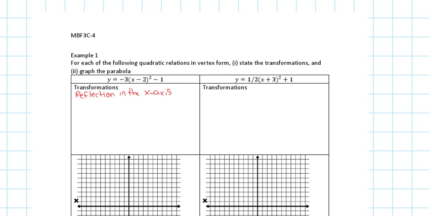Then what do I say for the 3? What does a 3 do to my graph? Vertical stretch. If you want, you can add by a factor of 3. You don't have to, but if you like to, you can.